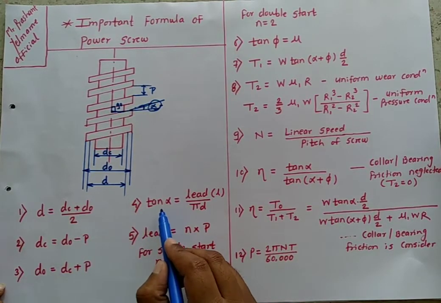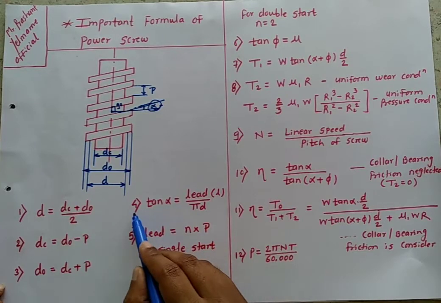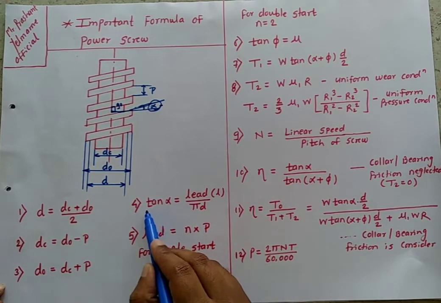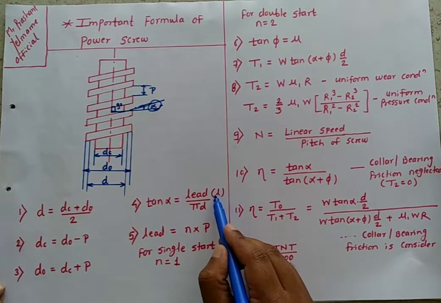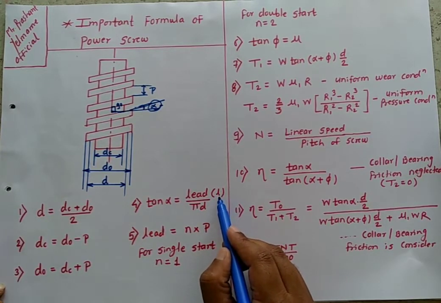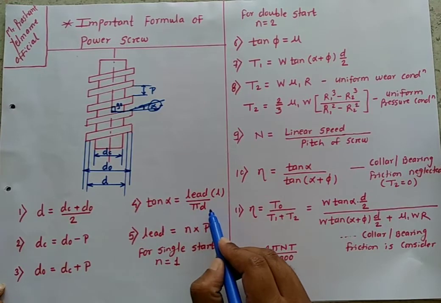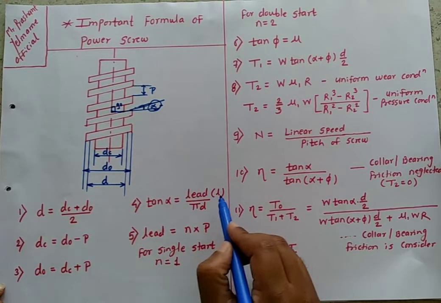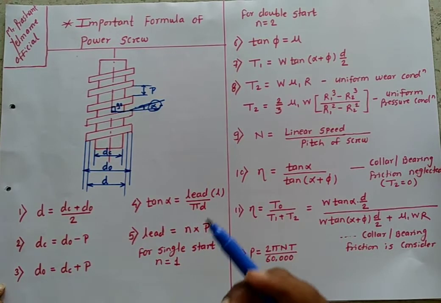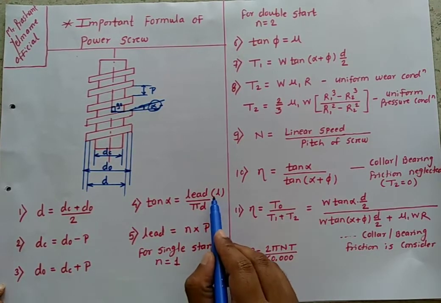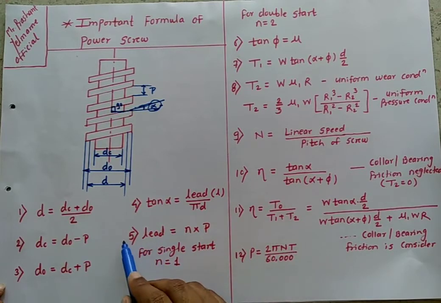Then helix angle is calculated by using the fourth formula. Tan alpha is equal to lead upon pi d. Lead is small l, and upon pi into d. Lead is the axial distance traveled by the screw in one revolution. That distance is lead.